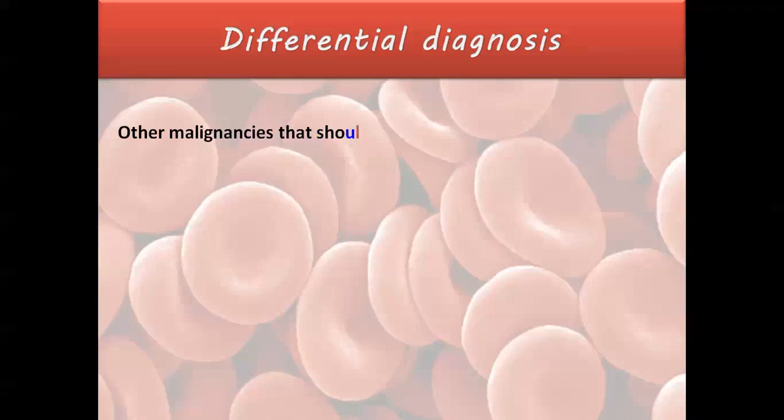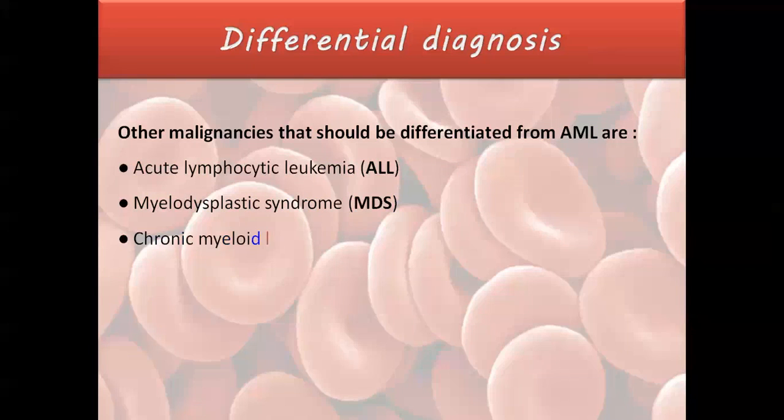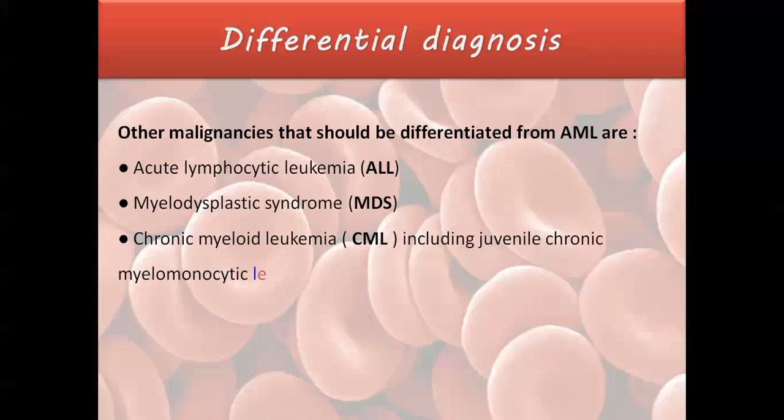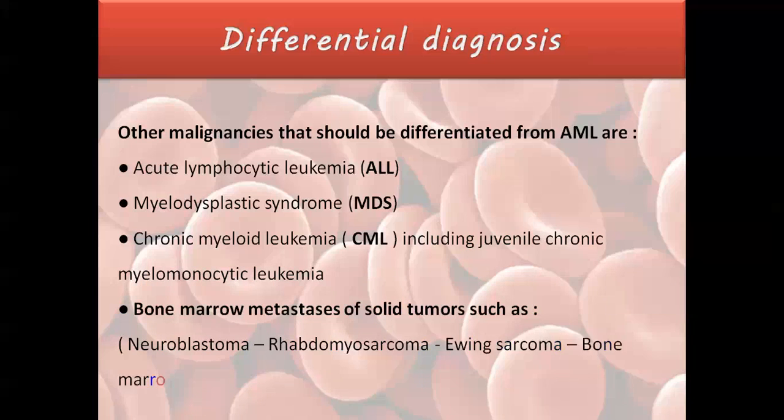Differential diagnosis. Malignancies that should be differentiated from acute myeloid leukemia include acute lymphocytic leukemia, myelodysplastic syndrome, chronic myeloid leukemia, and lastly bone marrow metastasis of solid tumors such as neuroblastoma, Ewing sarcoma, and bone marrow invasion by non-Hodgkin lymphoma.